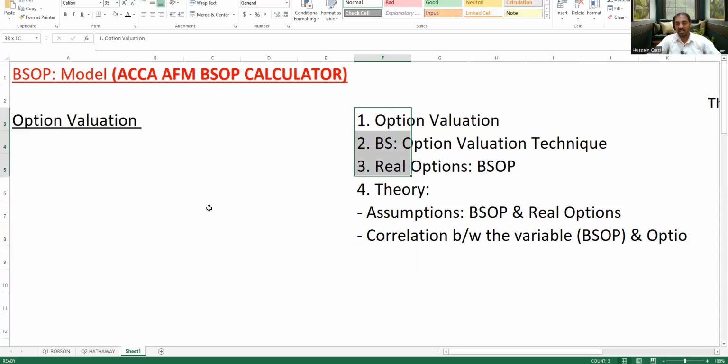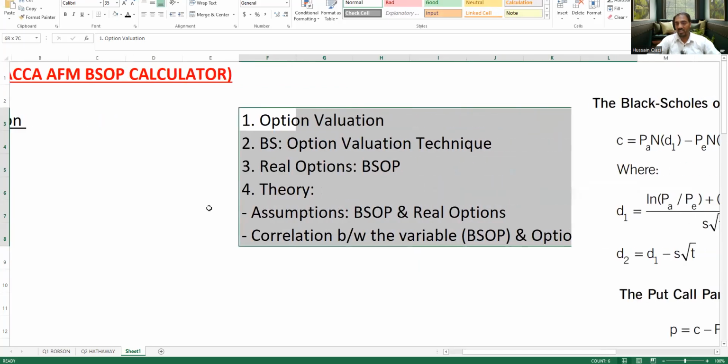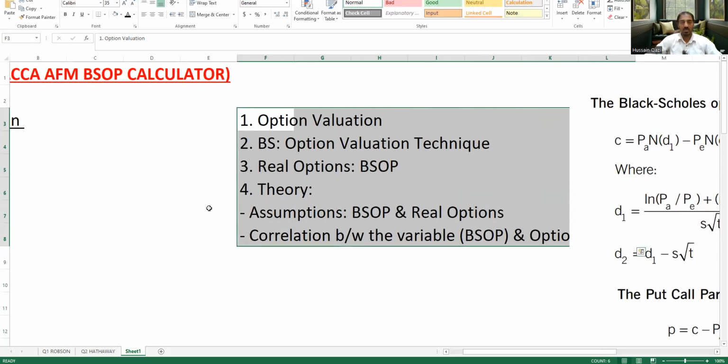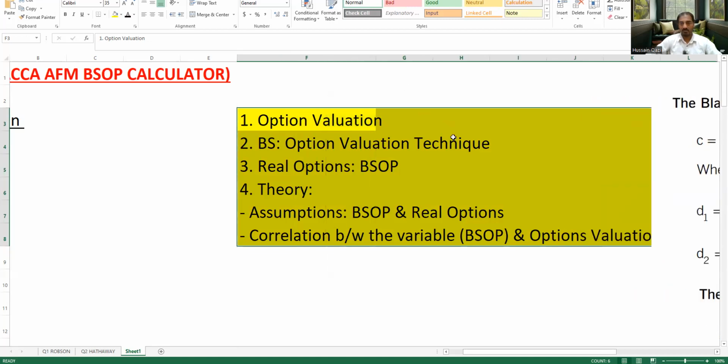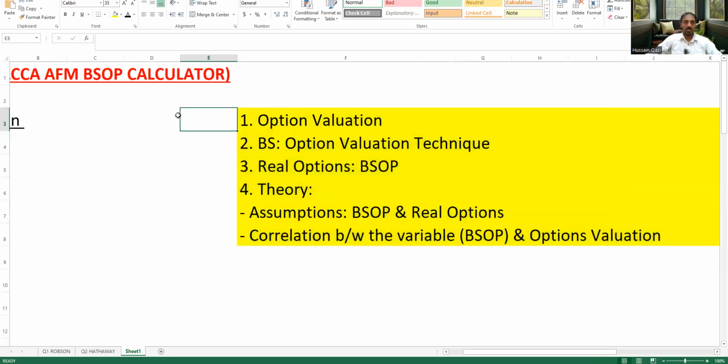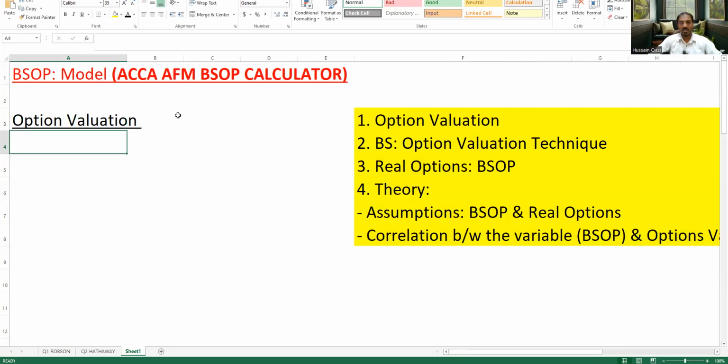These four things you must be aware of with respect to the syllabus area. Now quickly, what is the topic about?